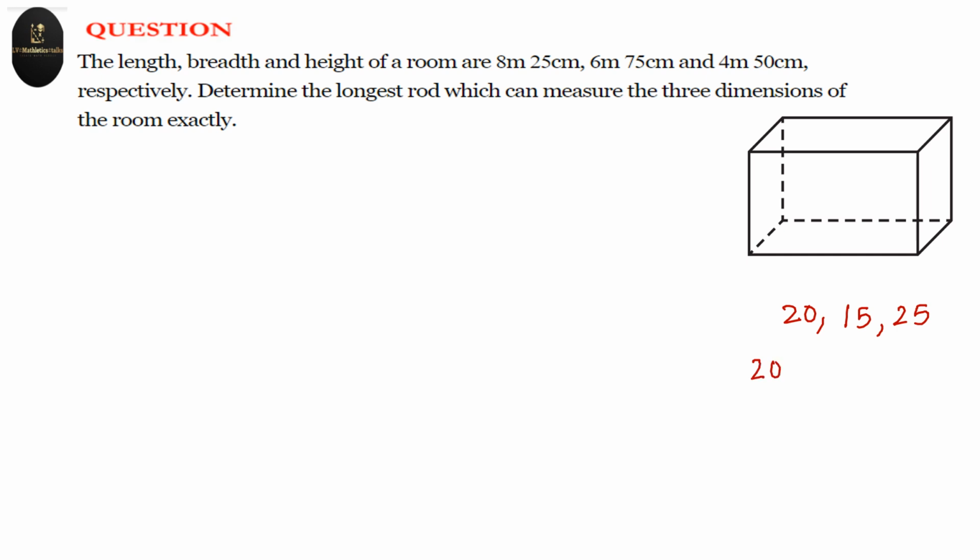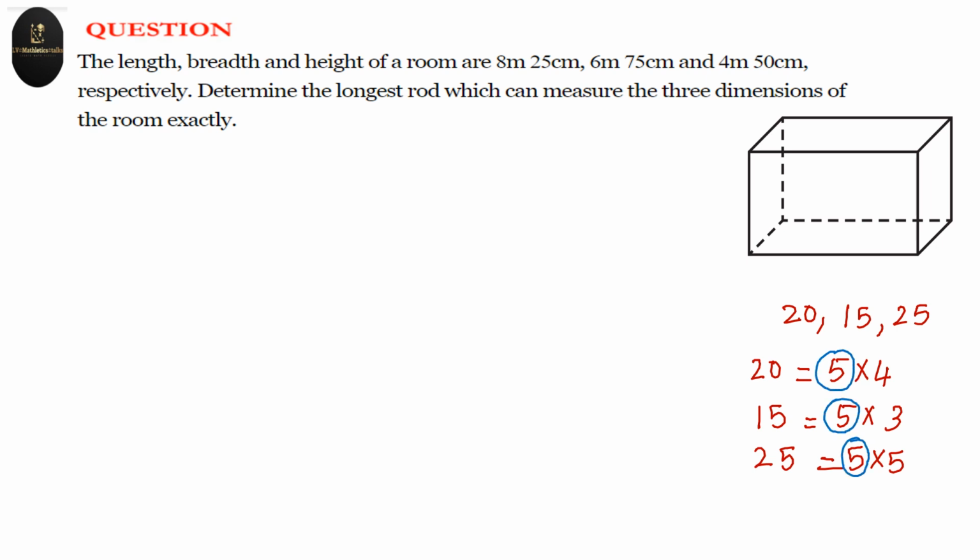So 20 is 5 times 4, right? And 15 is 5 times 3 and 25 is 5 times 5. So now what is the HCF of all this? It is 5, right?